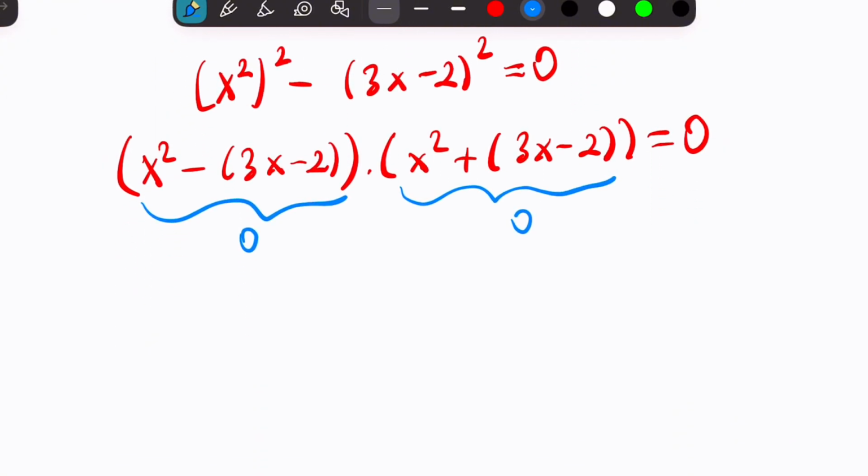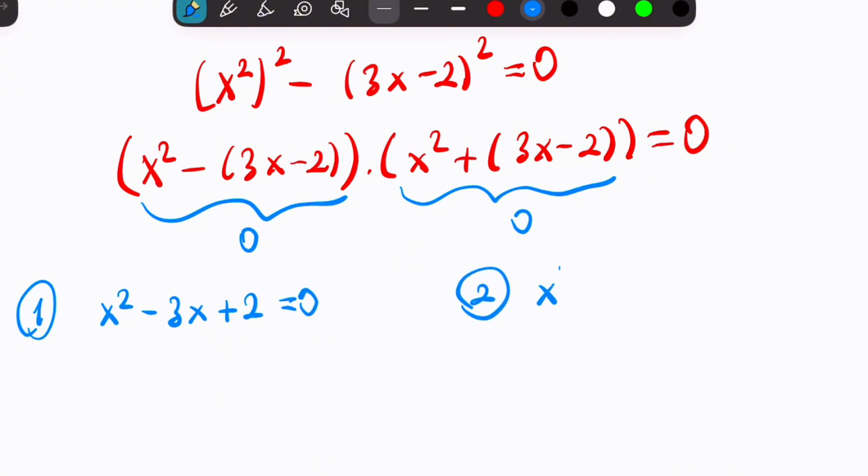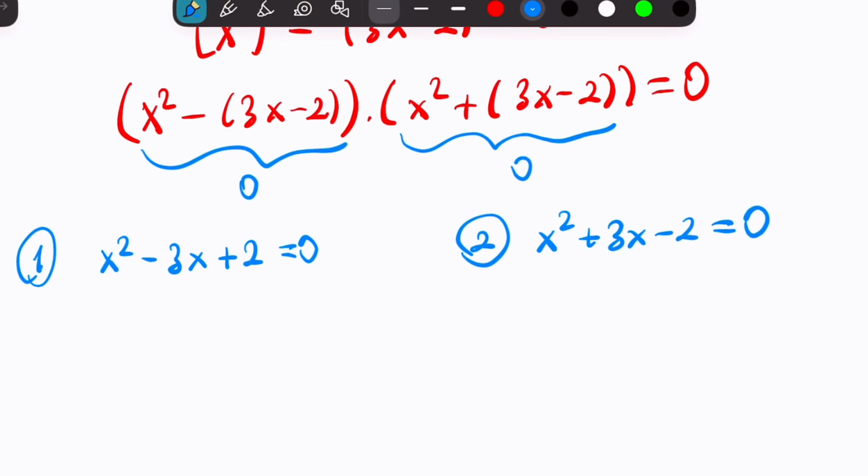Let's see what comes from the first equation: x squared minus 3x plus 2 equals 0. The second one gives x squared plus 3x minus 2 equals 0. I immediately look to see if the first divides into factors.